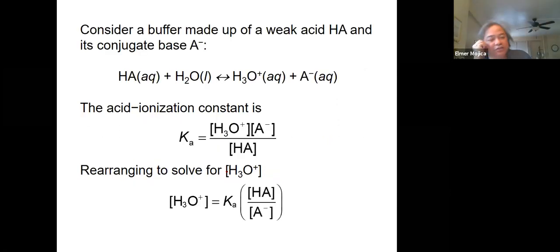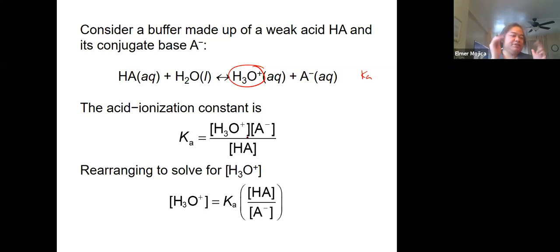So if you're going to derive the Henderson-Hasselbalch equation, you can start with this notion of what? This is your Ka, right? Because you have the presence of your hydronium ion. And if you're going to look at the hydronium ion, you have what? Ka equals H3O plus times A minus over HA.